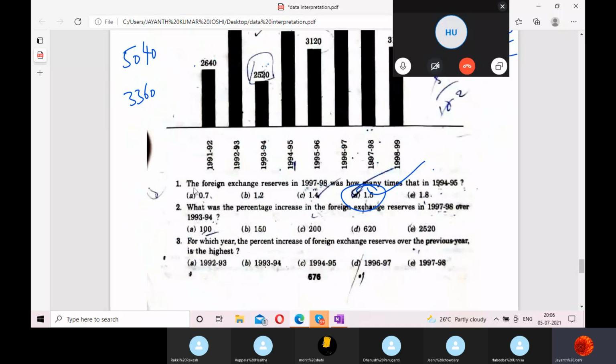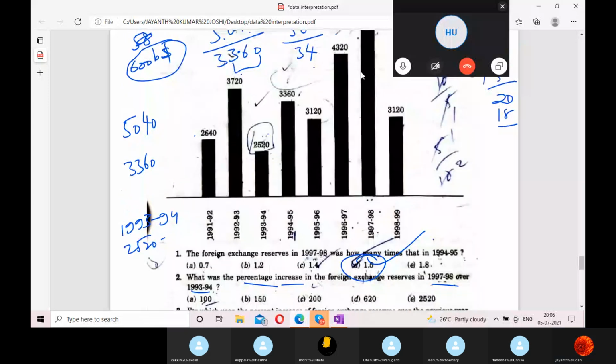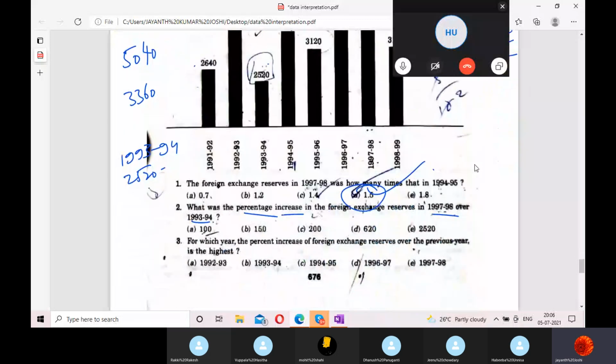Question number 2. What was the percentage increase in the foreign exchange reserves in 97-98 over 93-94? So 93-94 is what? 2520. And 97-98 is what? 5040.